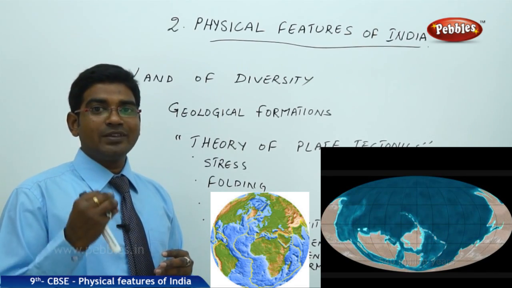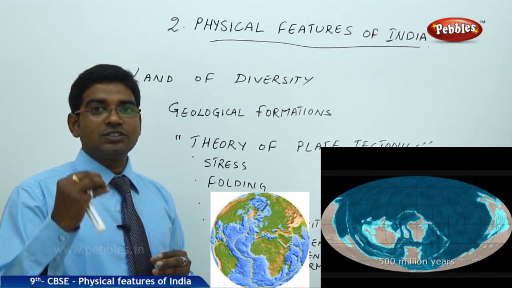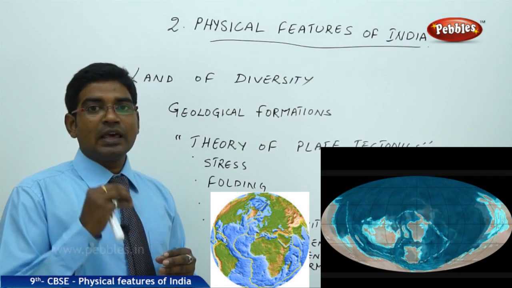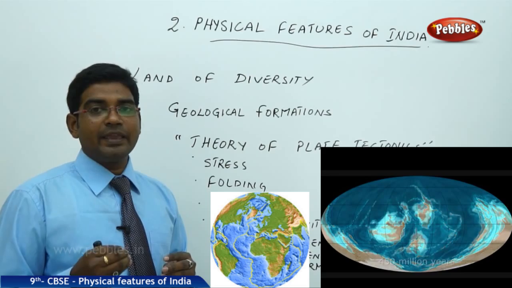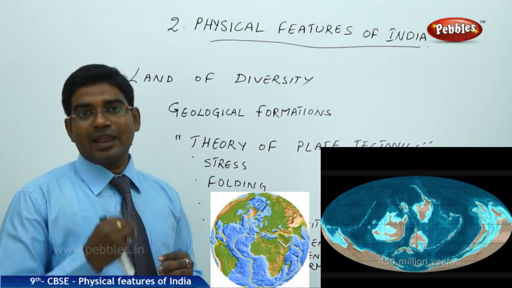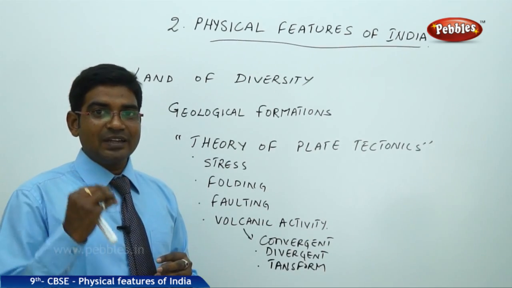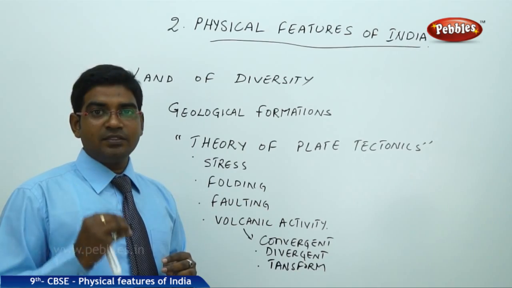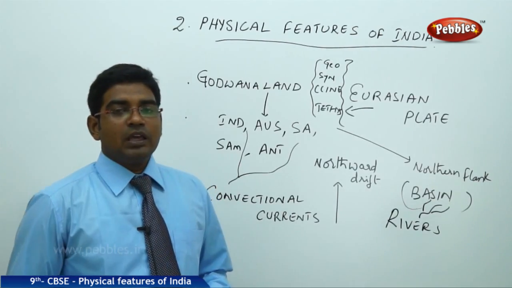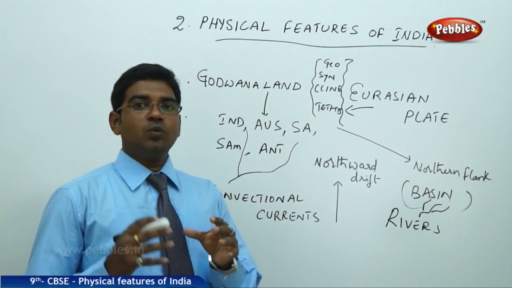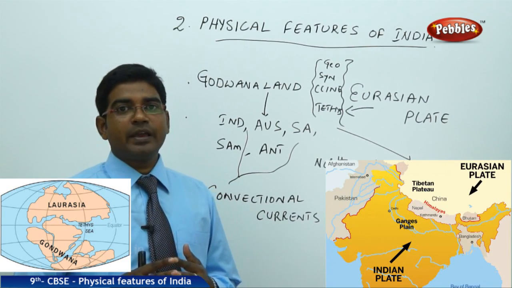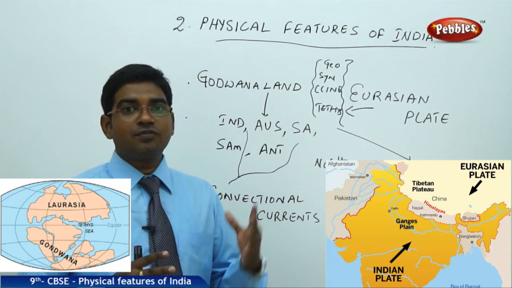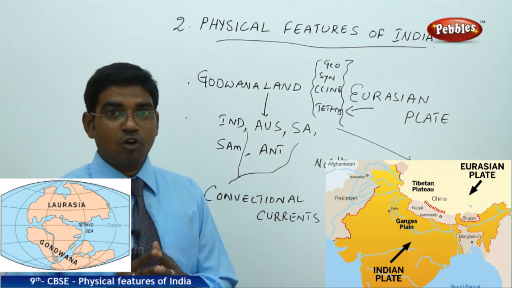What changes in these plates resulted in the formation of the Himalayas, then the plains, then the other landforms, we shall discuss in detail in this lesson. Let us now see how the Himalayas, the peninsular plateau as well as the northern plains have been formed.